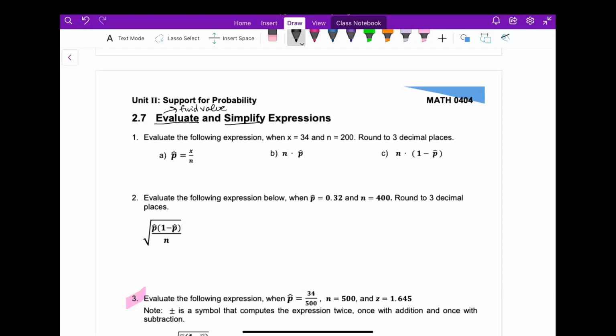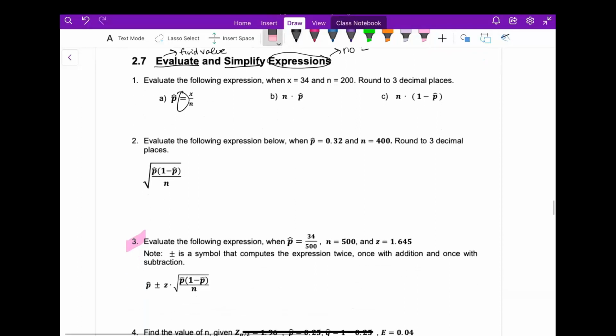And the last thing is expressions. Our expressions are kind of what's on one side of an equal sign. Okay, so we have equations. Equations have equal signs, and then an expression, no equal sign. For example, even though in this section we say evaluate expressions, this first one happens to have an equal sign. This is not an expression, this is an equation.